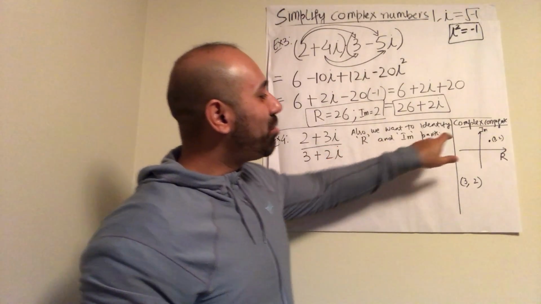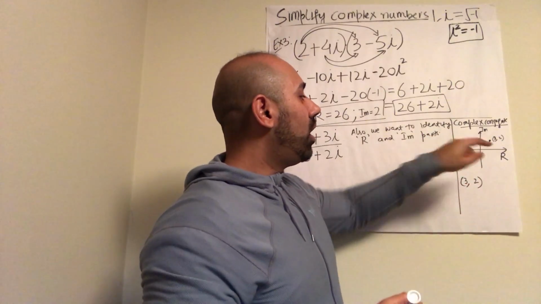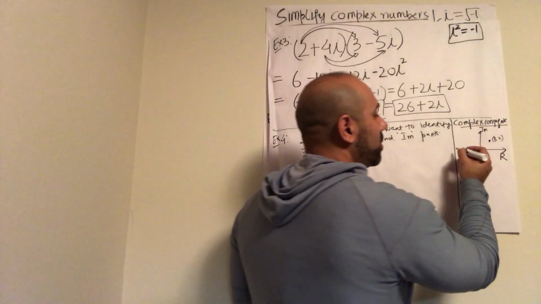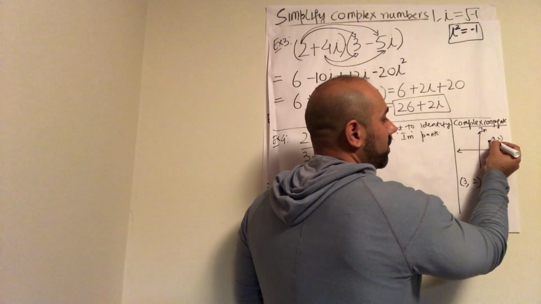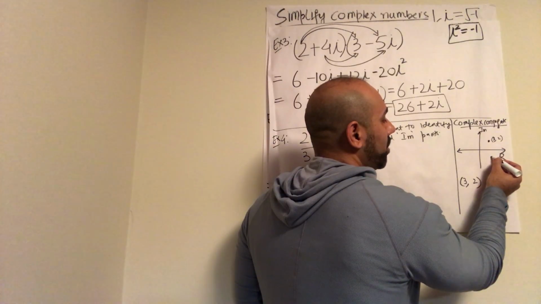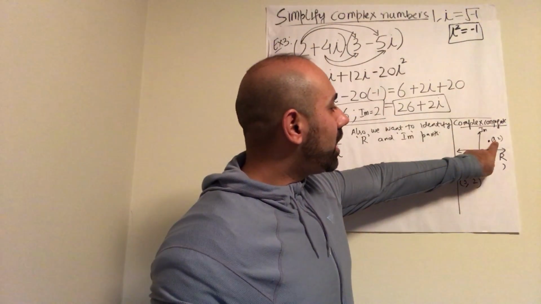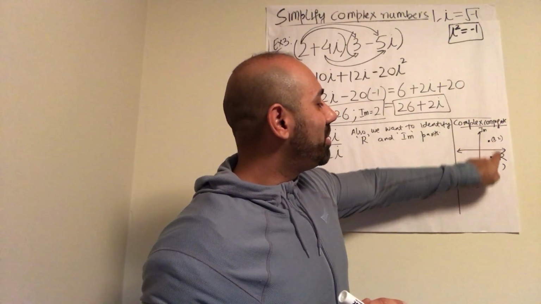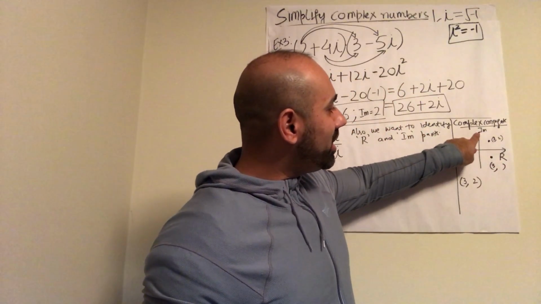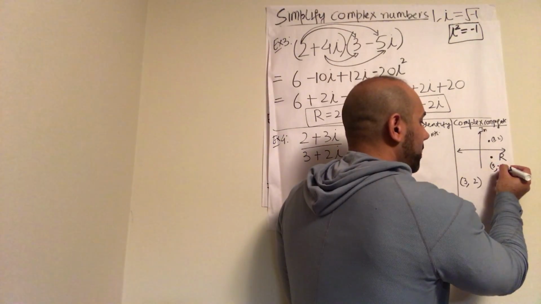Now, how do we define a complex conjugate? A complex conjugate is simply a reflection of this complex number across the real axis. If we draw the reflection of this point across the real axis, it's going to be somewhere down here. What are the coordinates going to be? The real coordinate is still going to be 3, but the imaginary coordinate is going to change from positive 2 to negative 2.